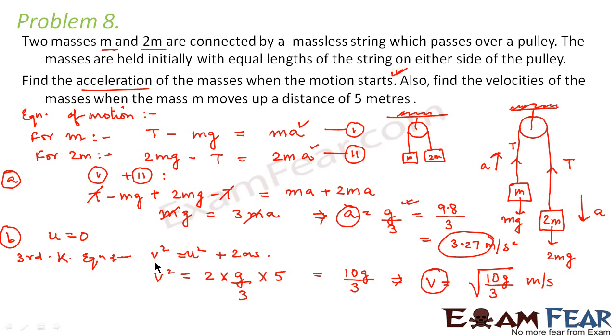So what did we find? We find that v square is equal to u square plus 2as. S was given as it traveled a distance of 5 meters. Initial velocity was 0. So we could find that the final velocity after traveling 5 meters was root over 10g divided by 3.